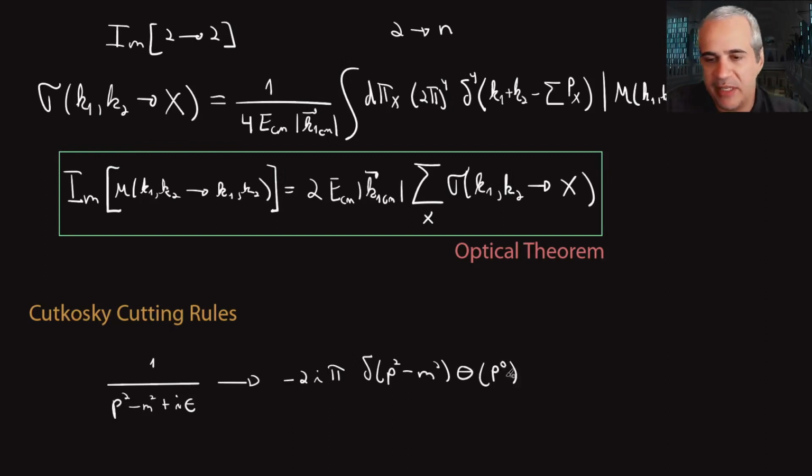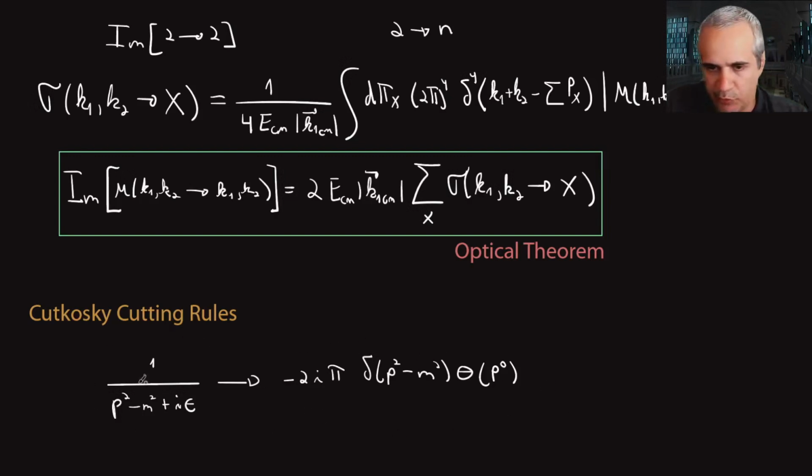And you know that this is the only, and then it's much easier to do the integrals, right? If you do this substitution, right? And this guarantees that you're actually on the support where these particles go on shell, right? But what you're doing is looking only for the imaginary part, which comes from these on shell intermediate states, right?